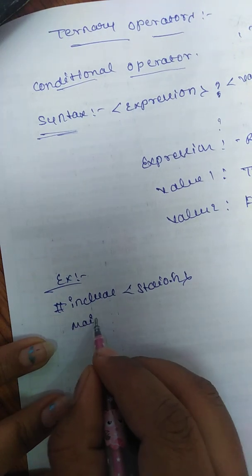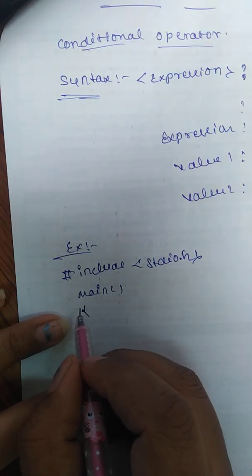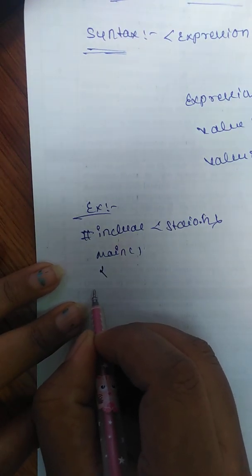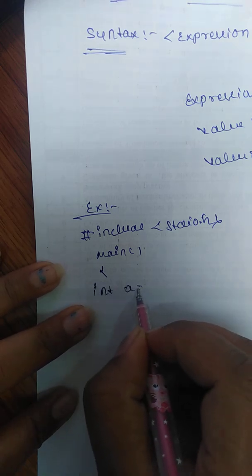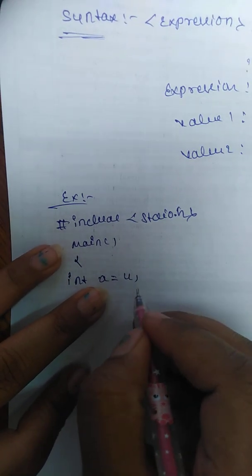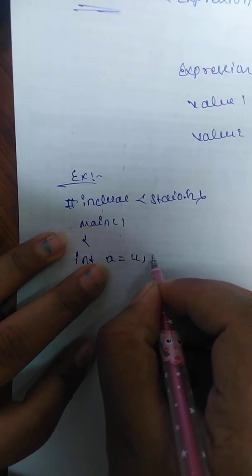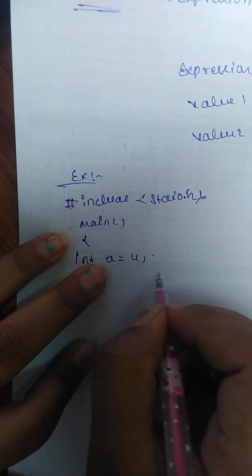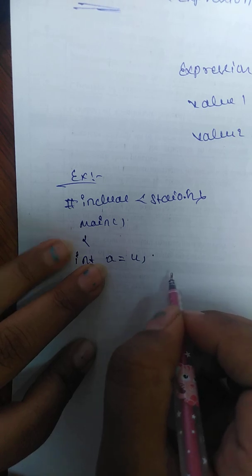This is main, where we start the program with the curly bracket opened and initialize the values. I will take an integer a is equal to 4. Sometimes we initialize by writing a, b, c, and we can see them in the output.